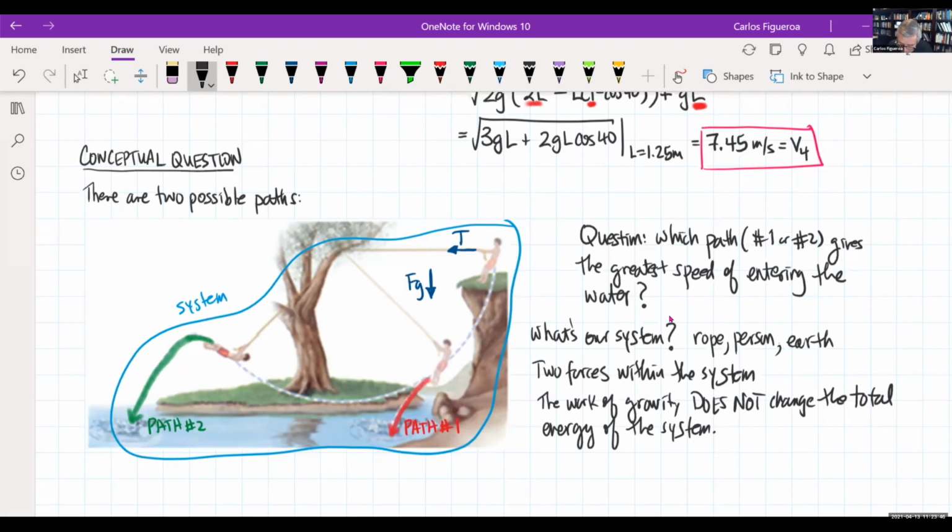And again, the question is, what about the work due to tension?